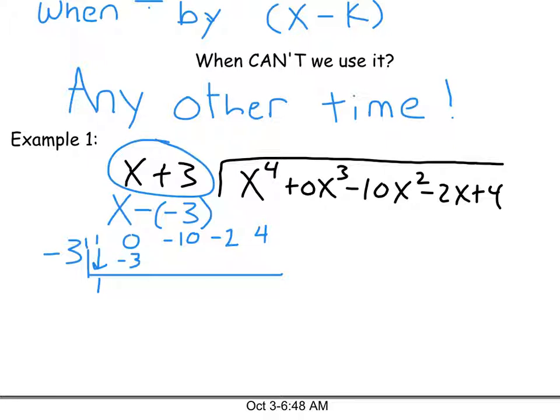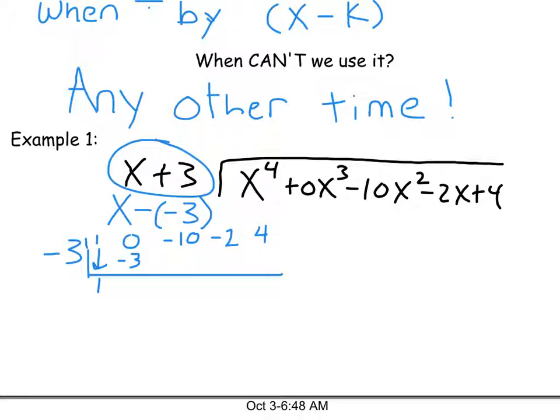Now this is the one place where you could trip up on synthetic division a little bit. When we were doing long division and working our way down, we always subtracted terms. With synthetic division, you add them. That's something you're going to have to be careful about, and do whatever you need to do to keep that straight.